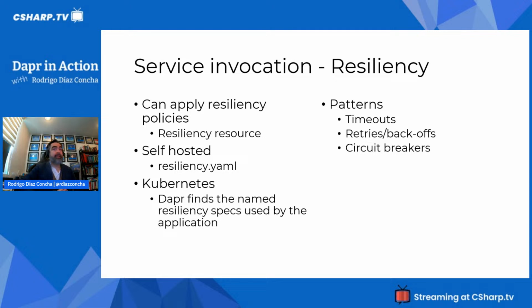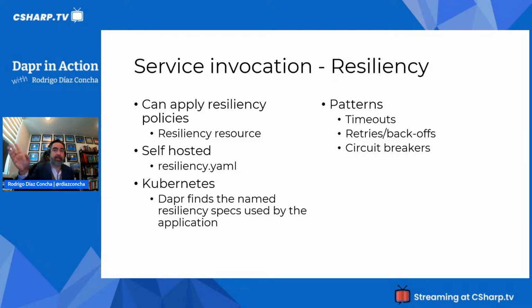Speaking about resiliency, as I was mentioning before, you can apply resiliency policies, okay? There's a resiliency object that you have to specify inside a YAML file. In the self-hosted mode, the name should be resiliency.yaml. And if you're running on Kubernetes, then Dapr is going to find the resiliency specs used by the applications.